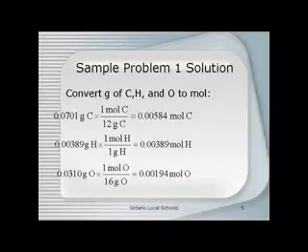Our 0.00389 grams of hydrogen times 1 mole of hydrogen over 1 gram of hydrogen gives us 0.00389 moles of hydrogen. And finally, for our oxygen, 0.0310 grams of oxygen times 1 mole of oxygen over the molar mass of 16 grams of oxygen gives us 0.00194 moles of oxygen.